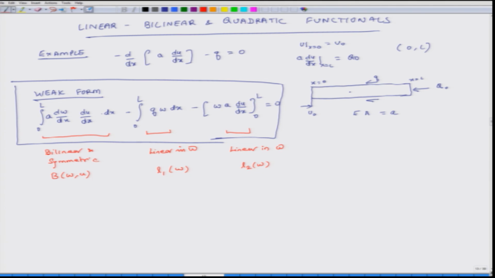So, I can write this entire equation as B of W, U minus L of W, where L is nothing but L1 plus L2.